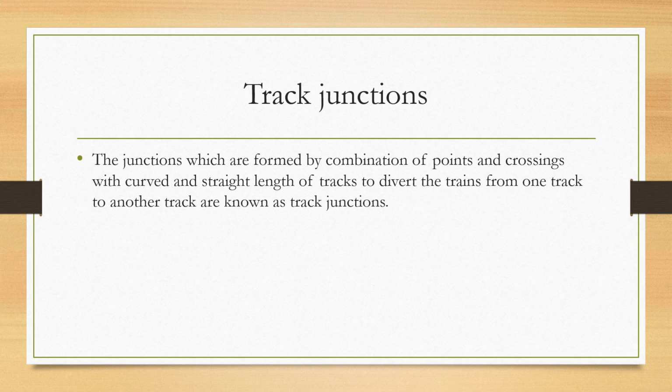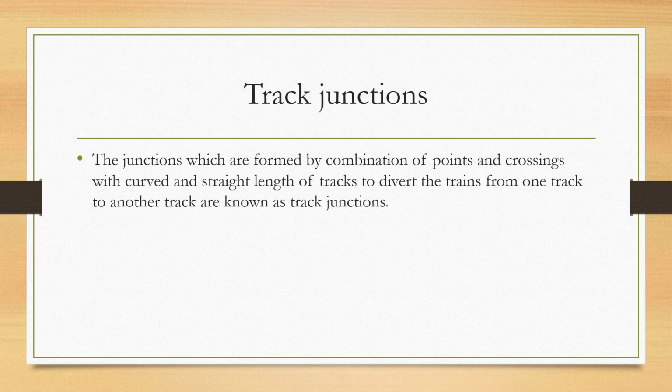This type of track junction consists of four pairs of switches, four acute angle crossings, and a diamond crossing, check rail, straight length, etc.